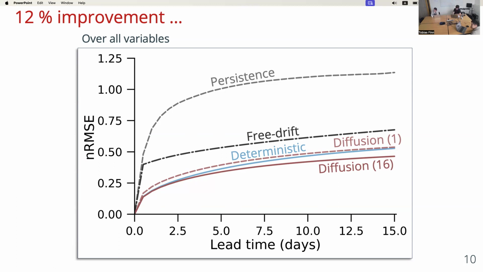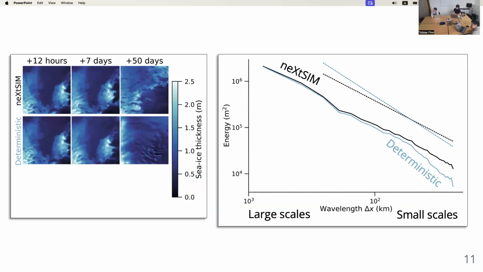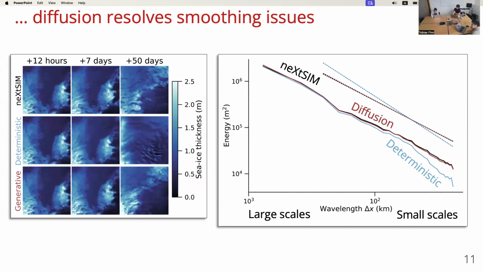And then if we now look into the smoothing, we can actually see that the diffusion model, in the bottom row, basically keeps the sharpness of the neXtSIM simulations, and we can even see here that the field after 50 days resembles a bit the field as seen by neXtSIM.